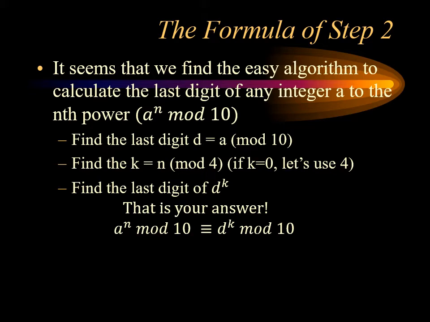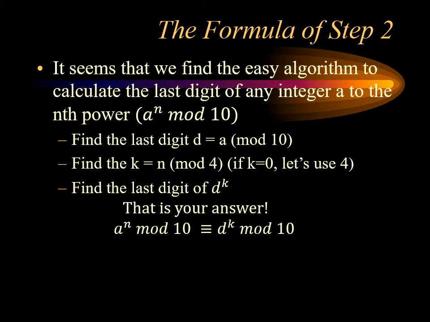First, you find out the last digit, D, in this case a number from 0 to 9. And then you find what the remainder is if the power is doing a mod 4 operation.